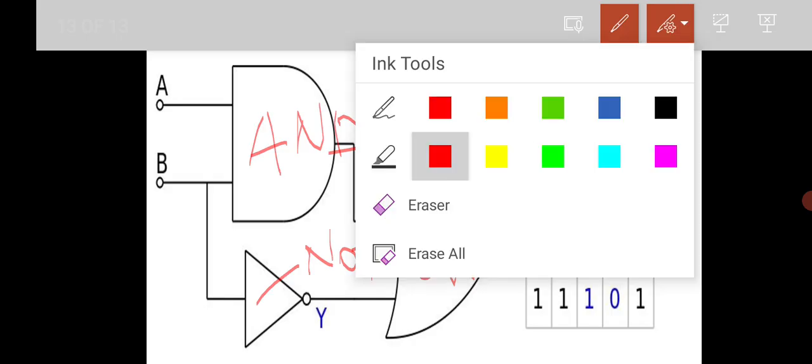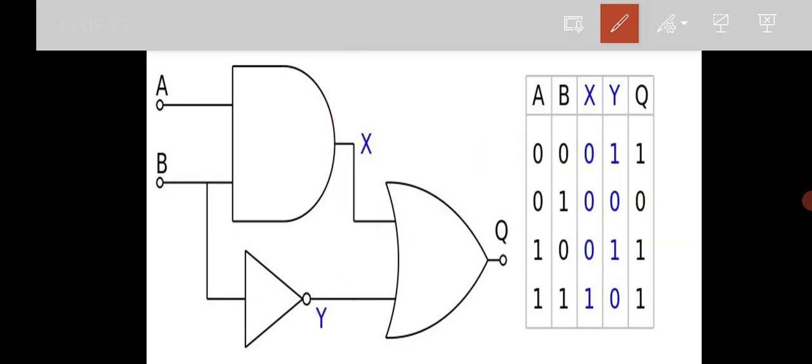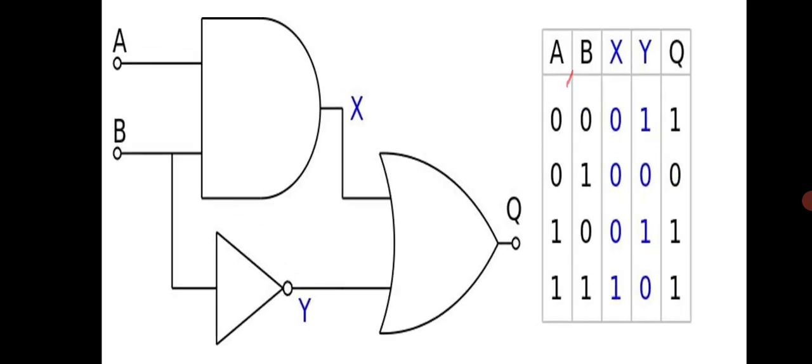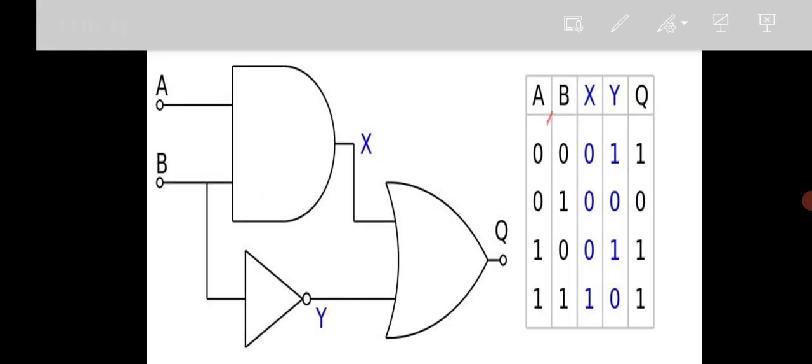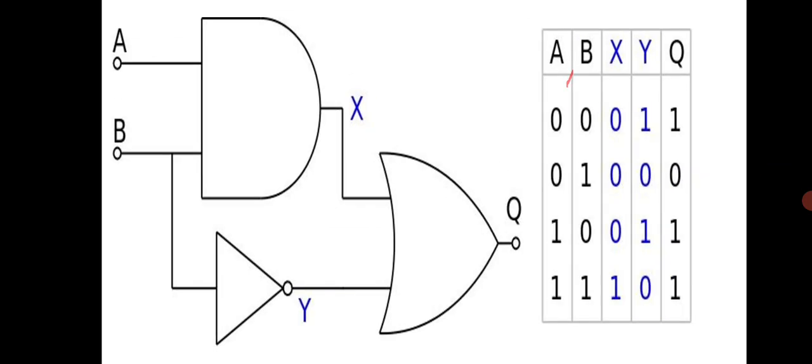So let's look at the analysis of it. Our inputs are A, B, X, and Y. Let's say A is 0.